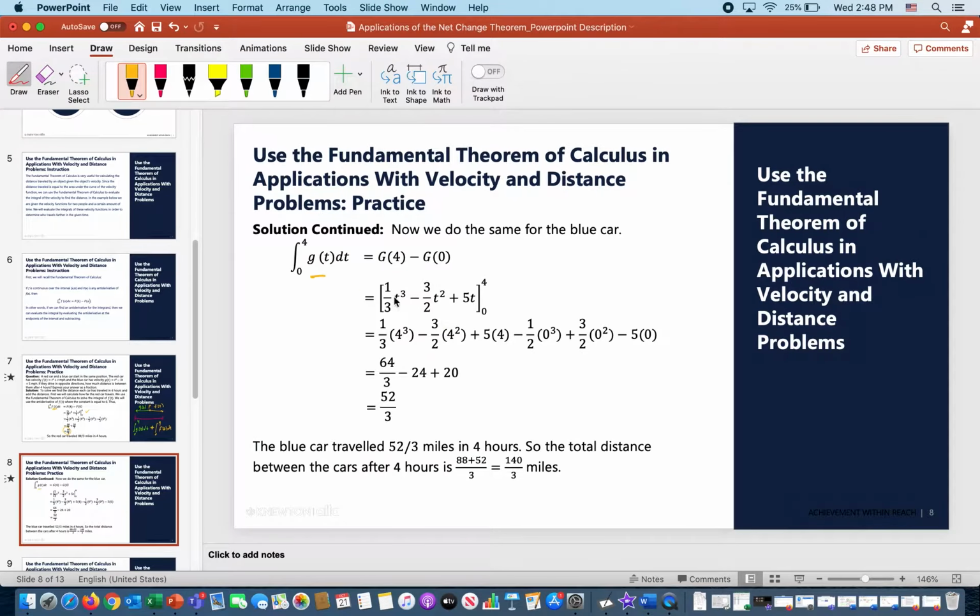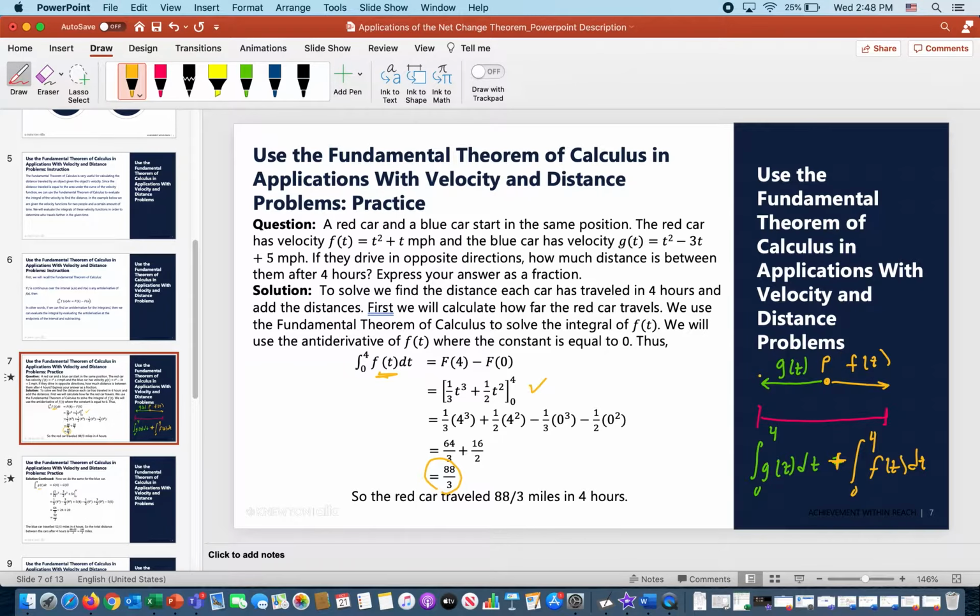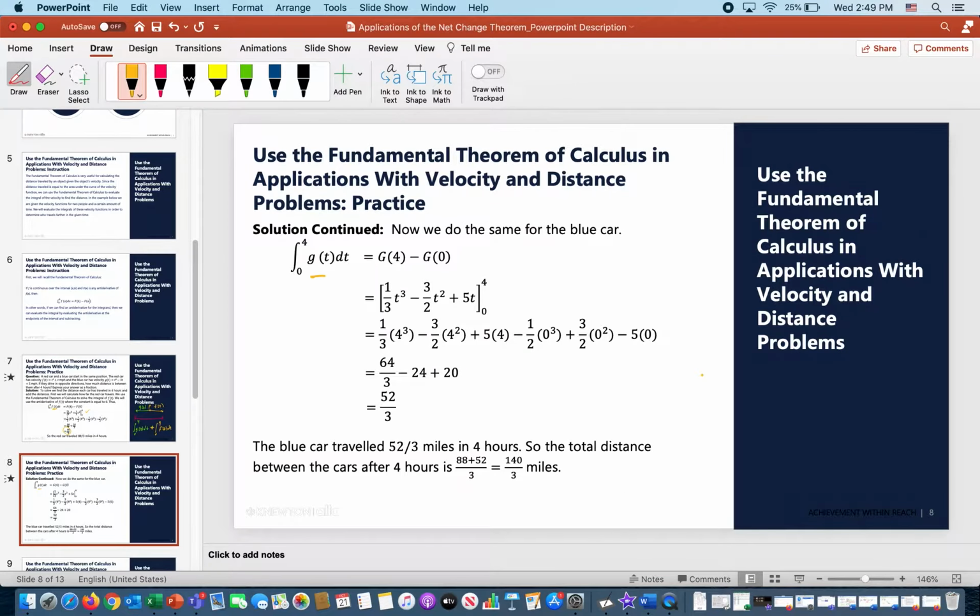So again, having that picture there and being able to visualize what's going on is really, really important. And again, you can follow the math here, the integral of g of t, evaluated at 4 and 0, we come up with 52 over 3. So the total distance traveled is 88 over 3 plus 52 over 3. This is the total distance traveled, which is 140 over 3 miles.